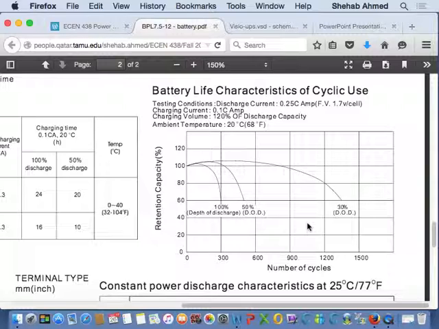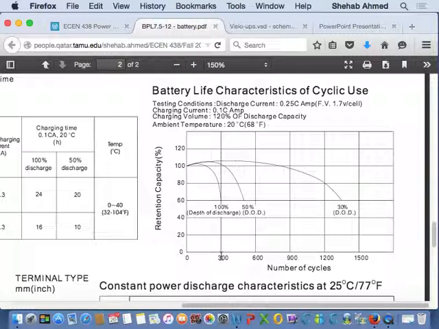Okay, so depth of discharge indicates, if you've charged the battery to 100%, and your load has discharged the battery to 100%, then you're only going to be able to retain 60% of this battery's ability to store energy after 300 cycles of charge discharge.